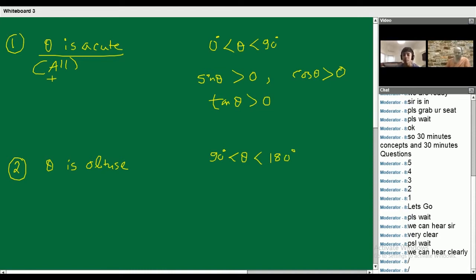Now the question is, when theta is obtuse, if we draw the diagram of the unit circle, the first case is where everything is positive. Now the second case is this. What would be the sign of sine theta? Sine represents which coordinate, x or y?